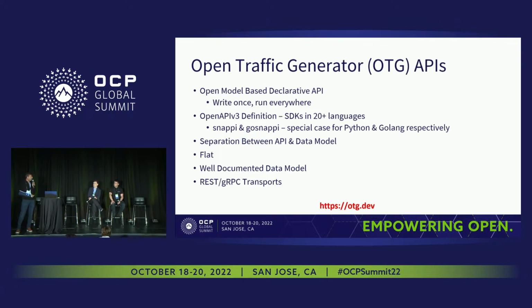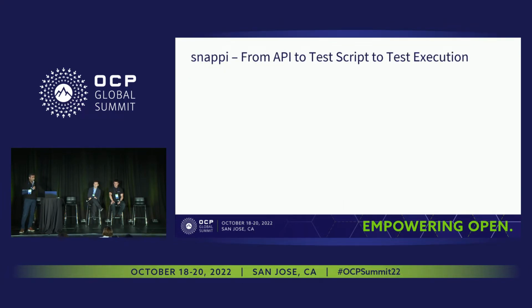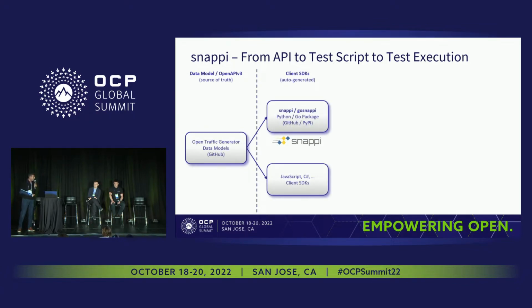The premise behind the API, besides being open and model-driven, is that we wanted a clean API that was easy to understand, well documented, flat, and wanted to provide both transports, REST and gRPC. So let me show you what this means in reality. You have your API, which is specified in YAML files, available on GitHub.